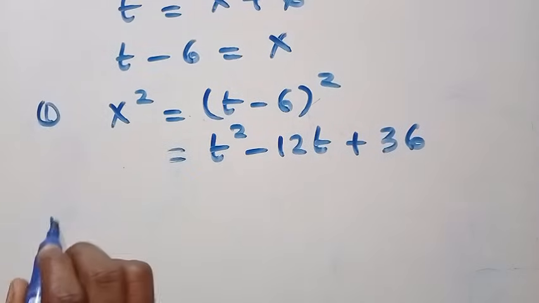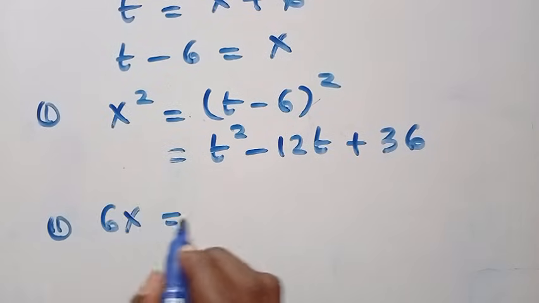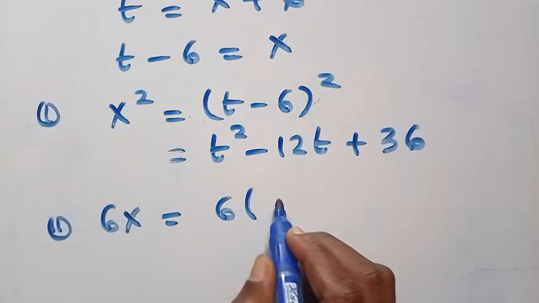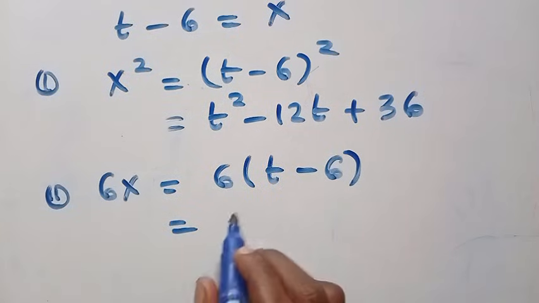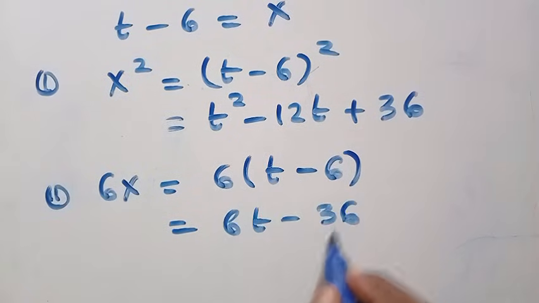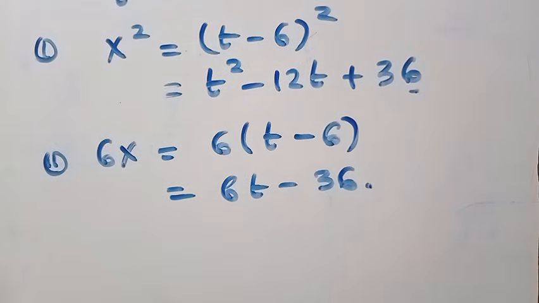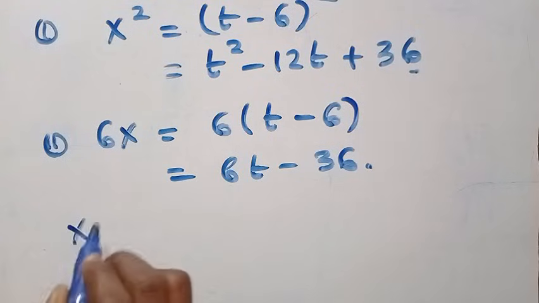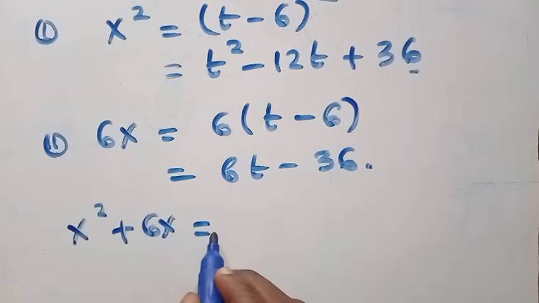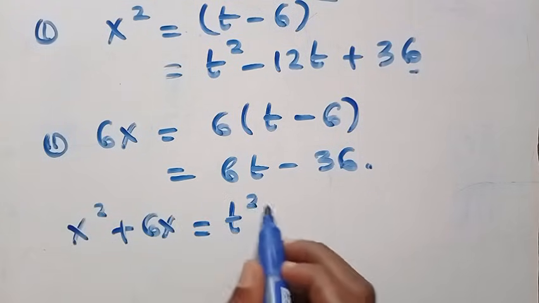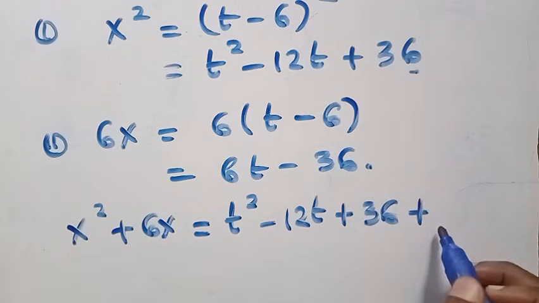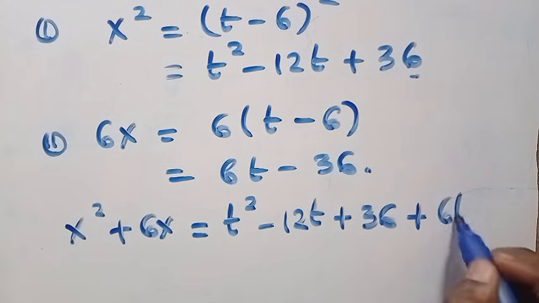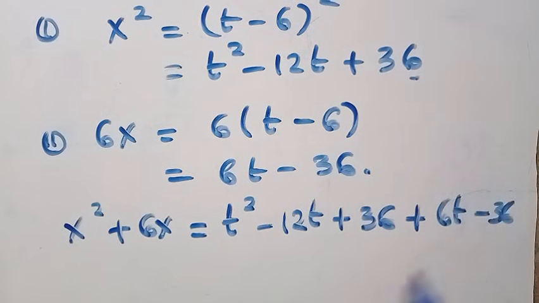Also, we need to get 6x, which is 6 into bracket of t minus 6. As we have 6t minus 36. Let's add these together, since they are added together as x squared plus 6x. So for x squared plus 6x, this gives us t squared minus 12t plus 36, plus 6t minus 36.